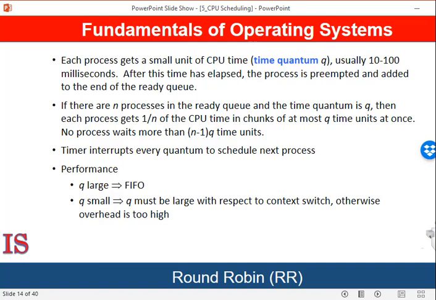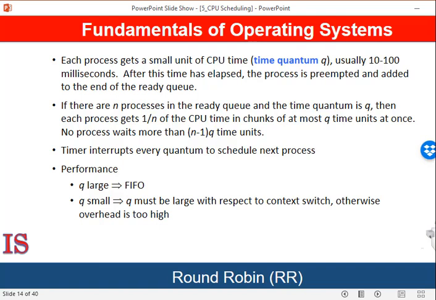One of two things will then happen. The process may have a CPU burst of less than one time quantum, in which case the process itself releases the CPU voluntarily. The scheduler will then go to the next process in the ready queue.